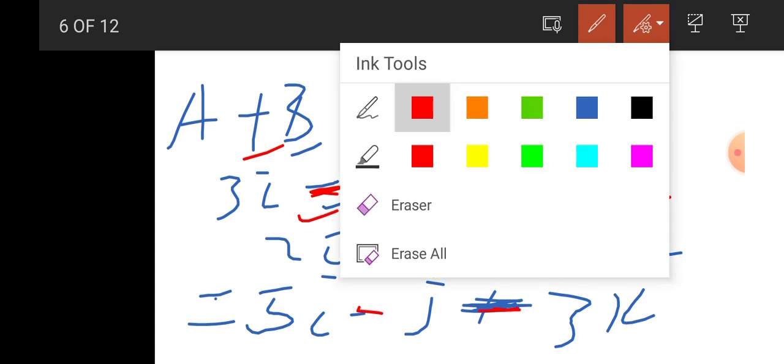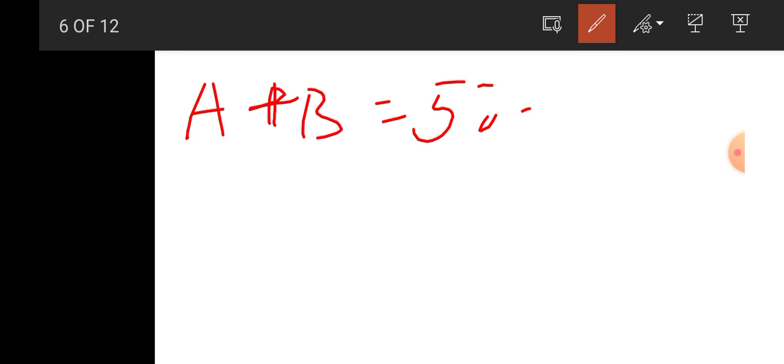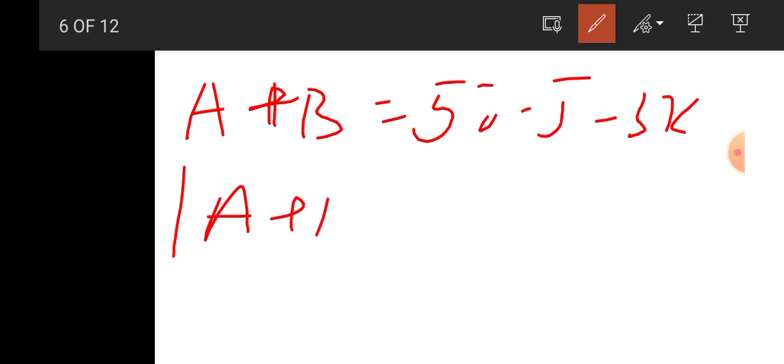Therefore A plus B is equal to 5i minus j minus 3k.